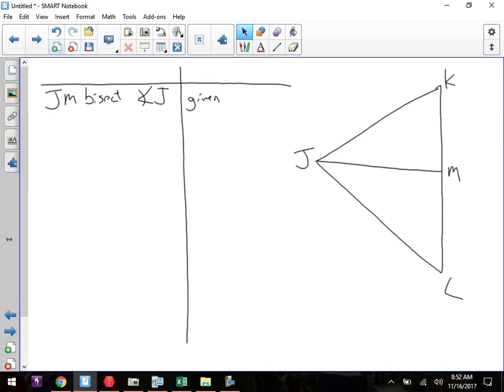Got to use 3 in this case. Can't just use angle J because there's more than one of them. So we'd have to say that angle MJK is congruent then to angle MJL because of definition of an angle bisector. There's my 2 angles.